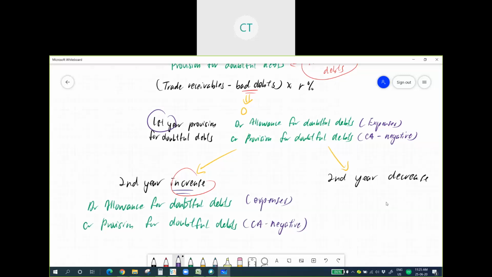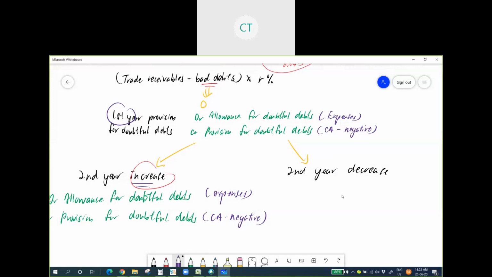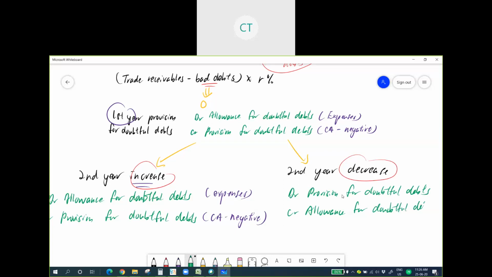So another situation is you have a decrease in your provision for doubtful debts. So what is the double entry when you have a decrease? First, we debit the provision for doubtful debts and we credit allowance for doubtful debts.